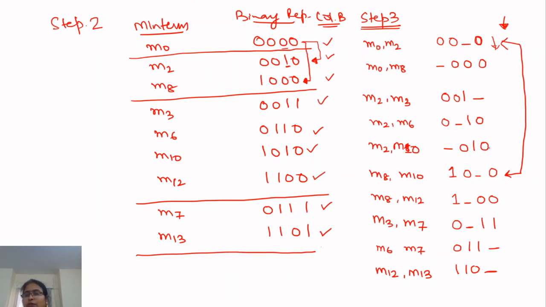So these become one pair. Similarly, you have to find out the other pairs. 0 dash 0 0, 0 dash 0 0 0. Anything? No. Dash 0 0 0 0. No. Then 0 0 1 dash, 0 0 1 dash.